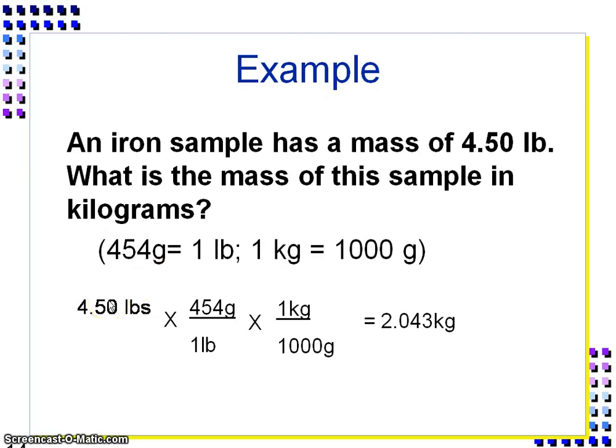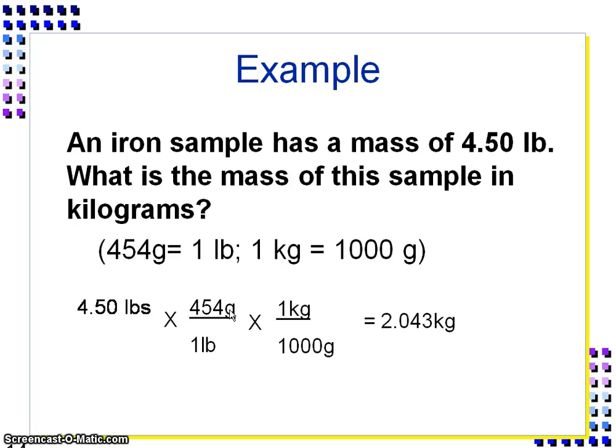Now I need to find some way to change the English unit pounds into metric. So I'm going to use the conversion that there are 454 grams in 1 pound. So I started with pounds, so pounds needs to go on the bottom in the next step.